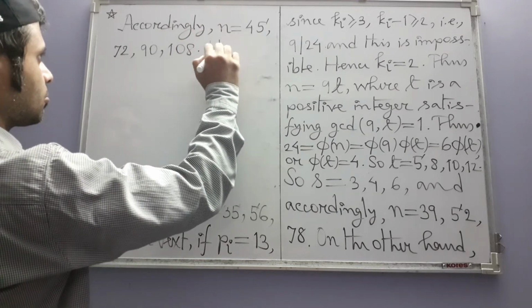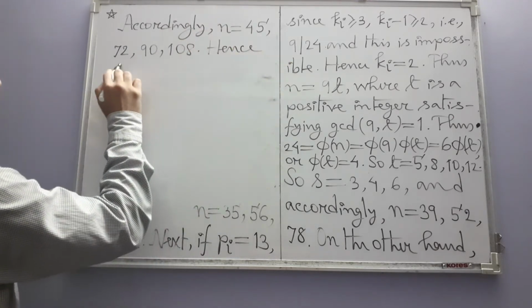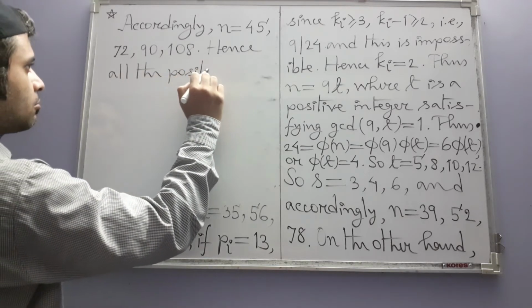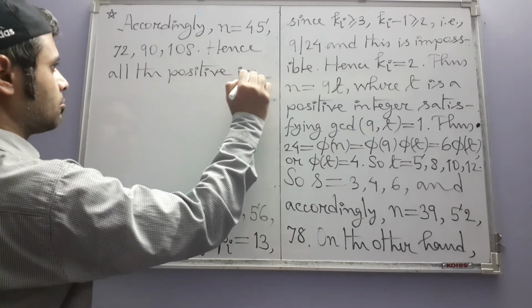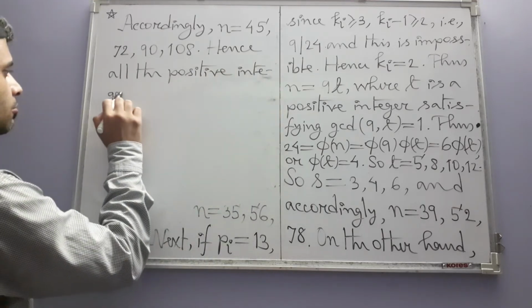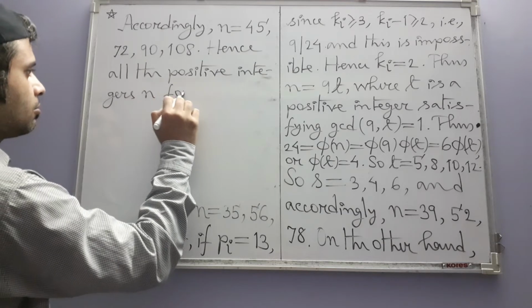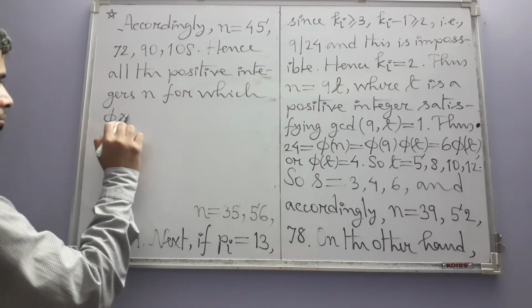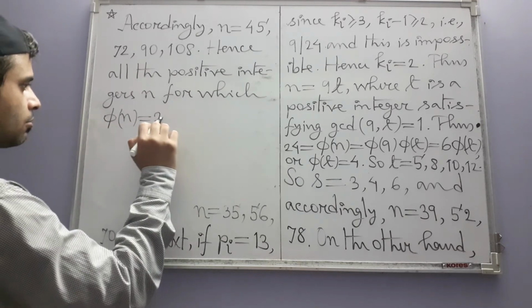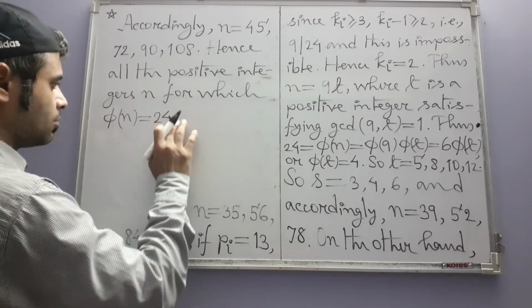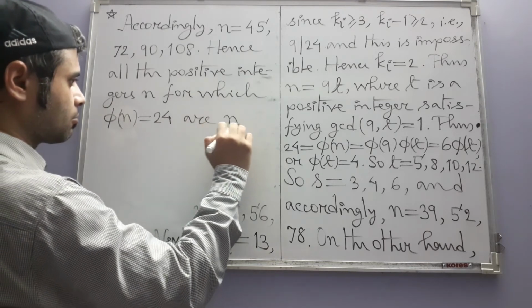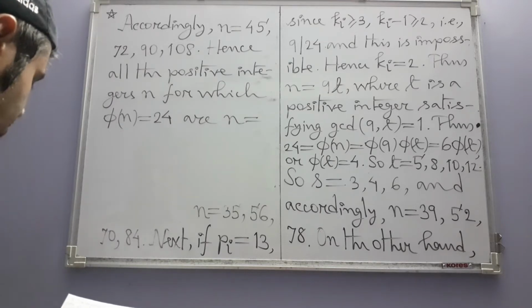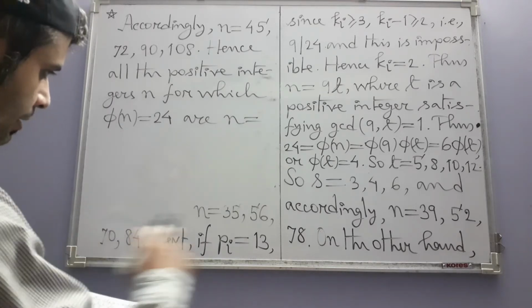Hence all the positive integers n for which phi of n is 24 are n equal to, I have the values written here in increasing order.